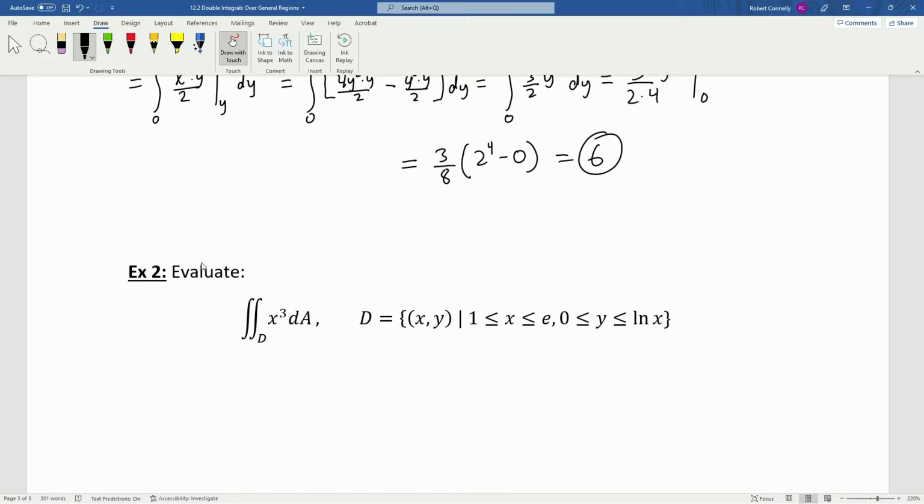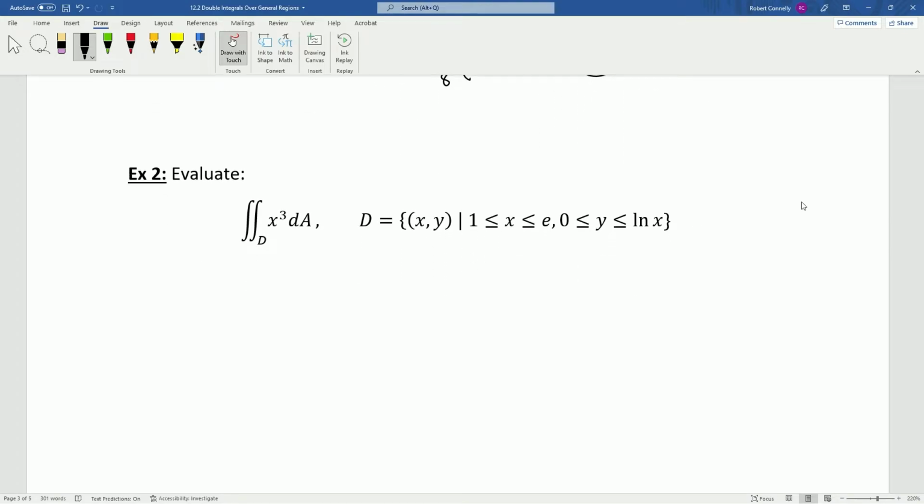All right, so now let's consider a problem where we've got to actually figure out this region here. So we've got the double integral over the region D of x cubed dA. So here, I find that it's really helpful if you draw these regions. Sometimes it's not truly necessary, but sometimes it really makes a big difference in making sure you understand the picture properly.